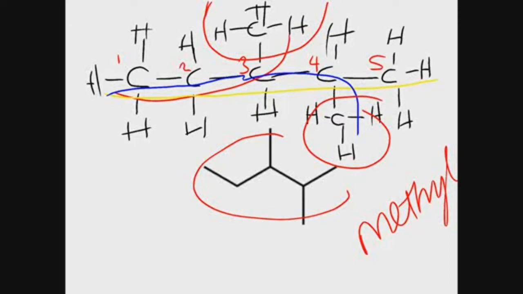Now we have that carbon 3 has a methyl group. We have that carbon 4 has a methyl group. Naming it like that would be wrong in the IUPAC system of nomenclature.